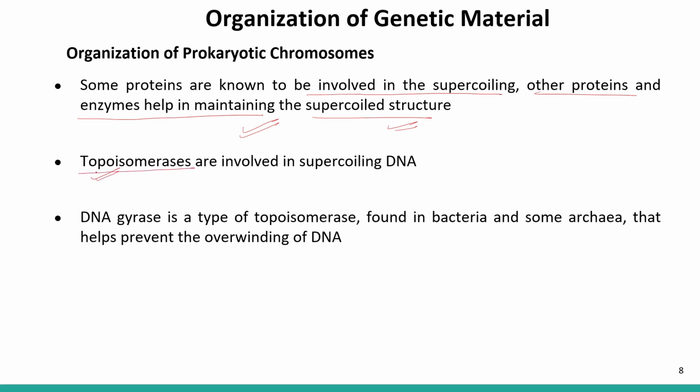This is an enzyme, and when you study the replication of DNA, you will come to know more about it. Topoisomerases are involved in the supercoiling of the DNA. DNA gyrase is a type of topoisomerase found in bacteria and some archaea. Archaebacteria are also known as archaea. It helps prevent the overwinding of the DNA. So these two enzymes are very, very important for the supercoiling of the DNA structure.